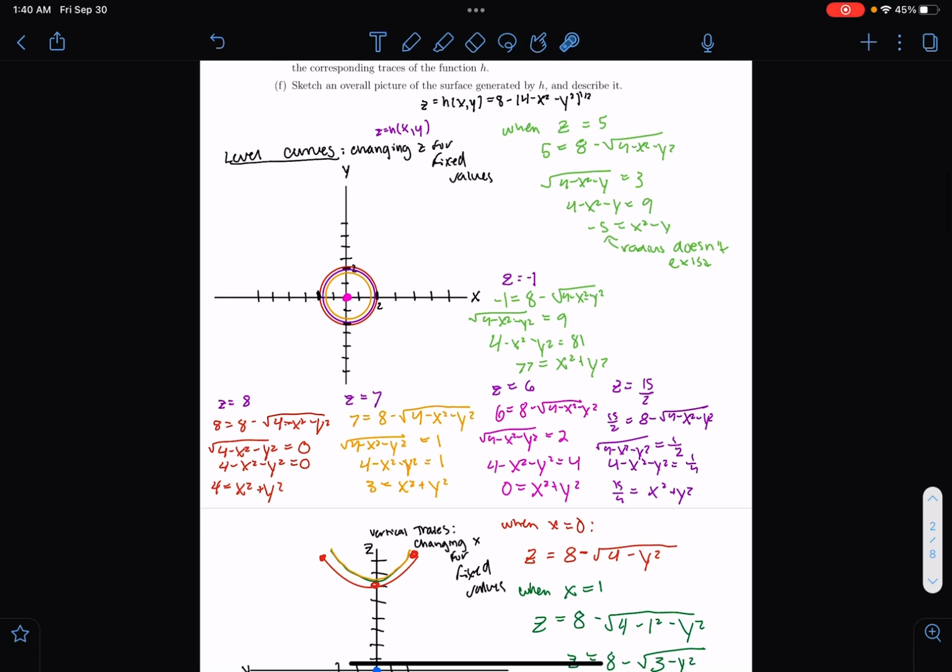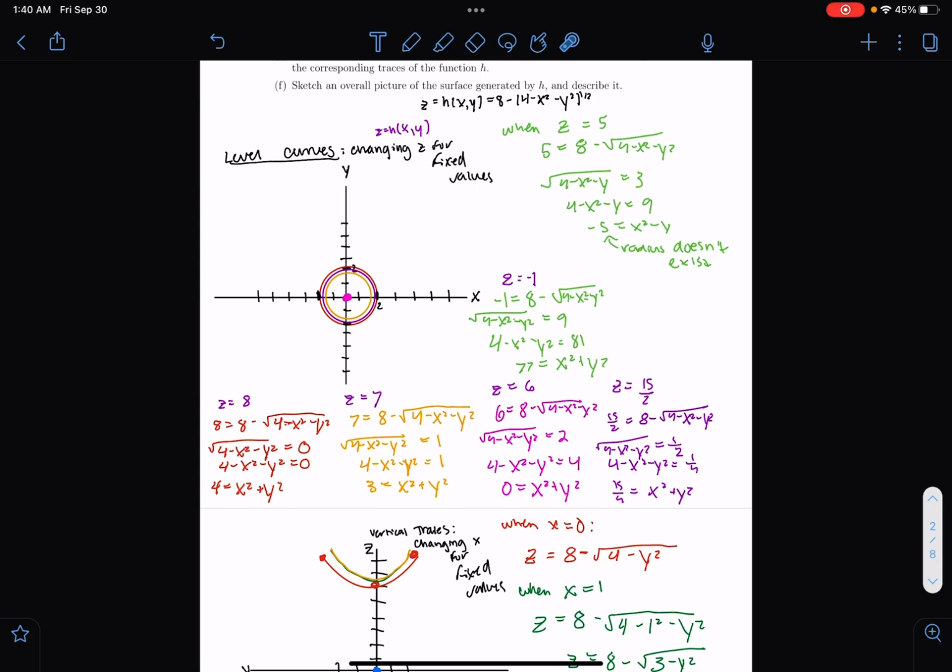I changed all these z values and held z constant at these points. So when z equals 8, I substituted the 8 in on this side right here and solved it out to get 4 equals x squared plus y squared. Same process here and here.